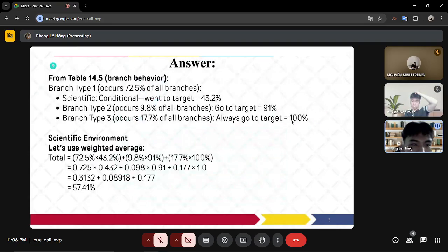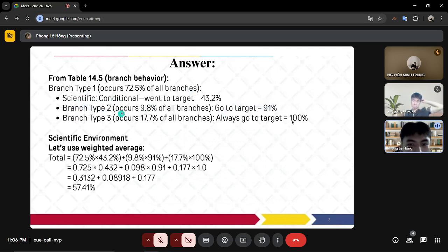The answers from table 14.5: branch behavior type 1 occurs 72.5% of all branches, and the scientific conditional branch going to the target equals 43.2%. Branch type 2 goes to the target 91%.